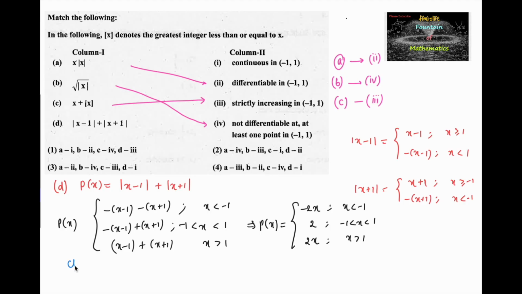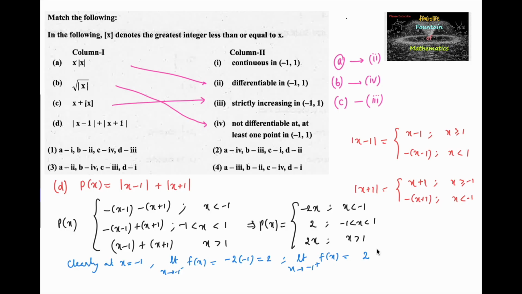Clearly at x equal to minus 1, here the left hand limit, as x tends to minus 1 minus, f of x is equal to minus 2 into minus 1, which is equal to 2, and the limit as x tends to minus 1 plus of f of x is equal to 2.